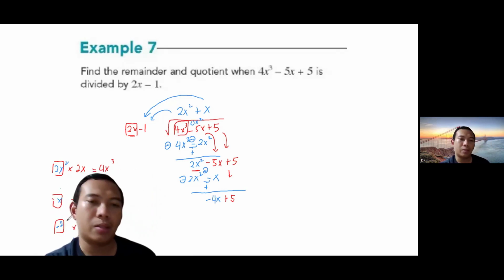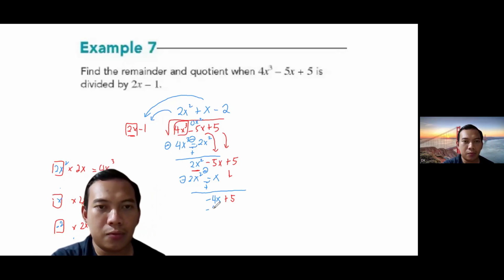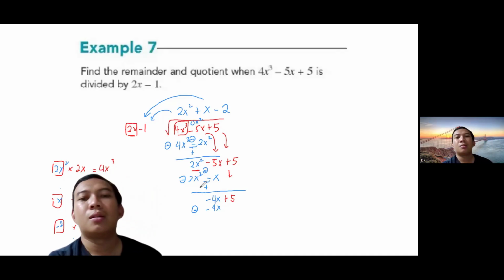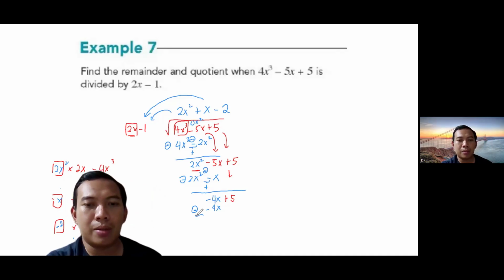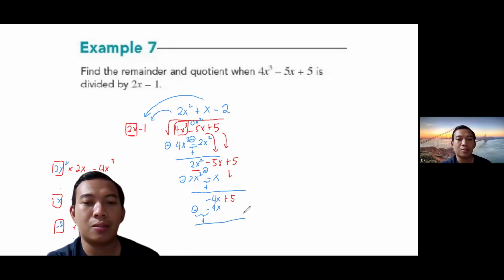Minus 2 times 2x is minus 4x. So the last one here will be a minus 2. So how is it being eliminated? Because there's also an automatic minus. So minus 4x minus minus 4x is as good as plus, so minus 4x plus 4x, you get a 0. None.